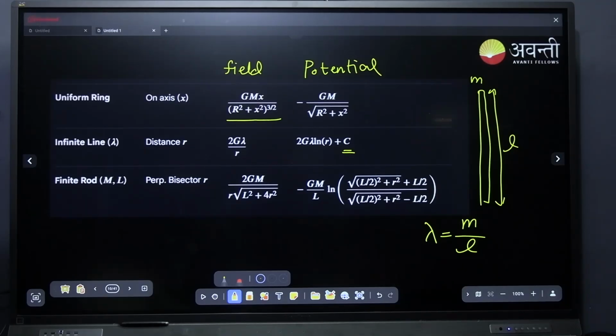Again, it's not clear. How about now? Is it better?